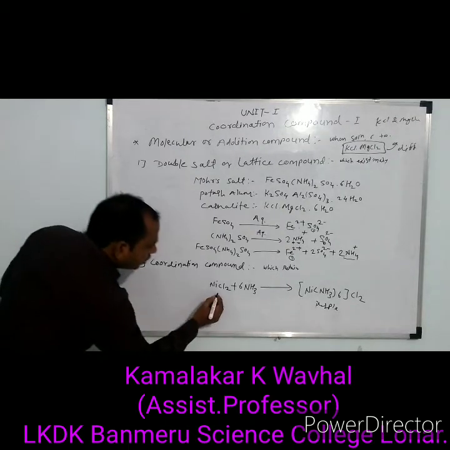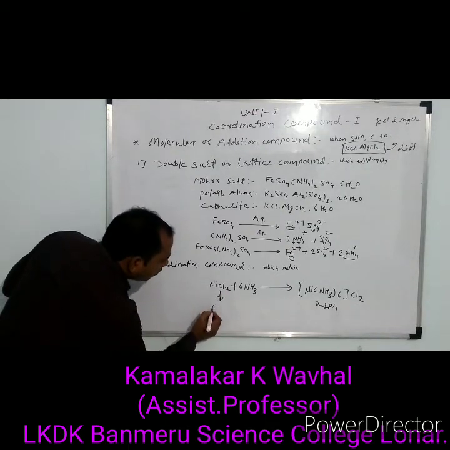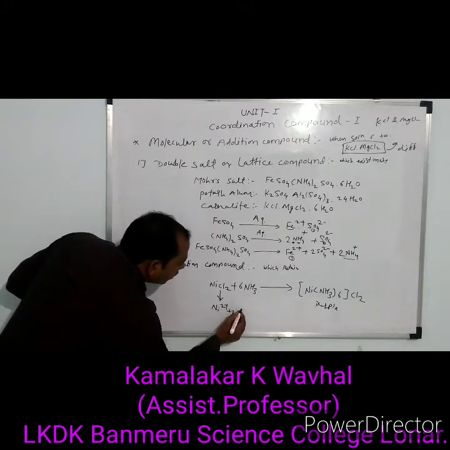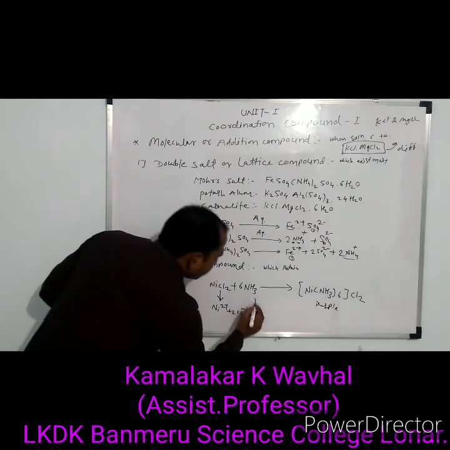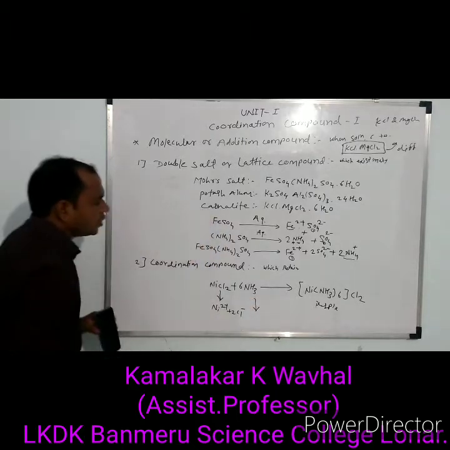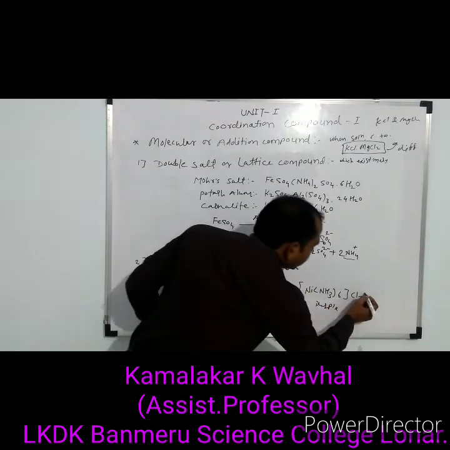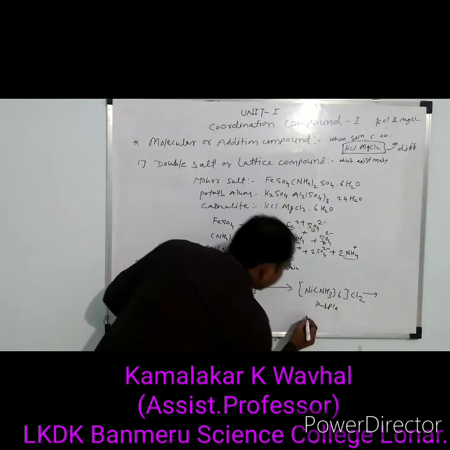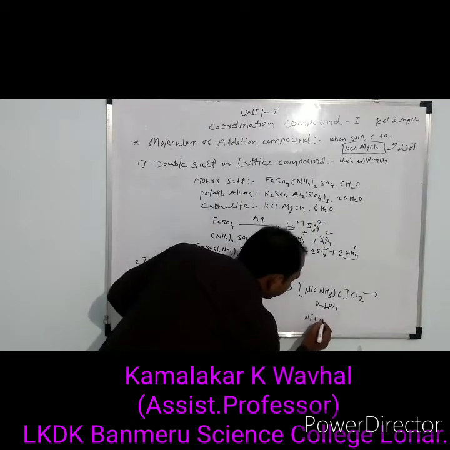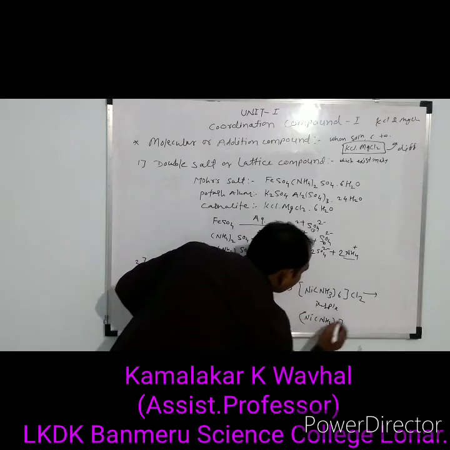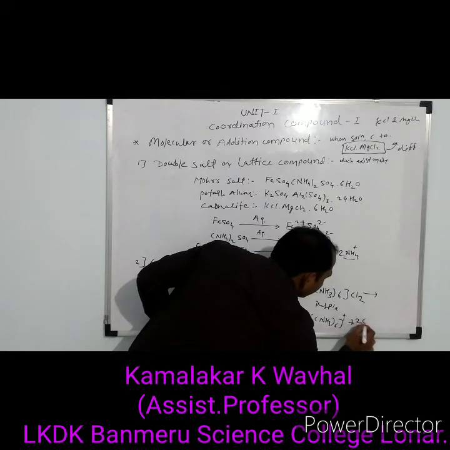If we ionize these two compounds: NiCl2 gives Ni2+ plus 2Cl-, but in the second compound the 6NH3 does not ionize, and we get [Ni(NH3)6]2+ plus 2Cl-.